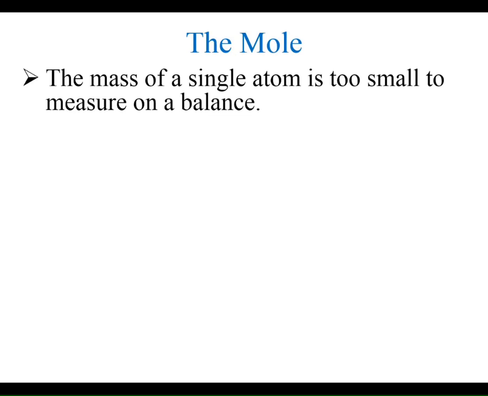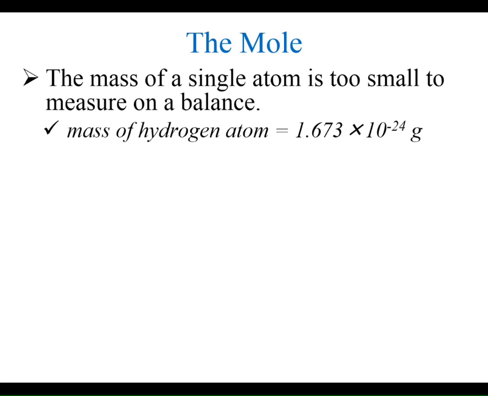So, the mole. Atoms are super, super tiny. For example, one hydrogen atom only weighs 1.673 times 10 to the negative 24th. These balances here, which are really expensive and very precise, will give you 4 decimal places. To read all of that, you would need 28 decimal places.